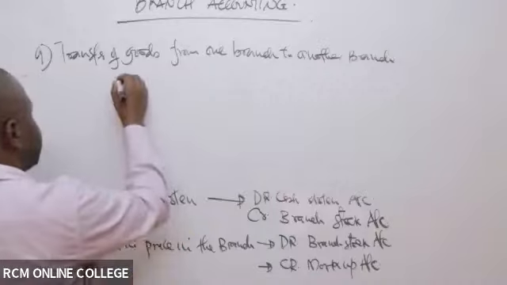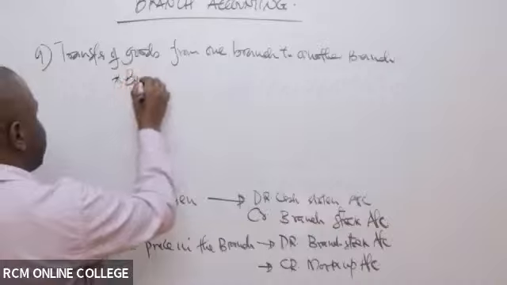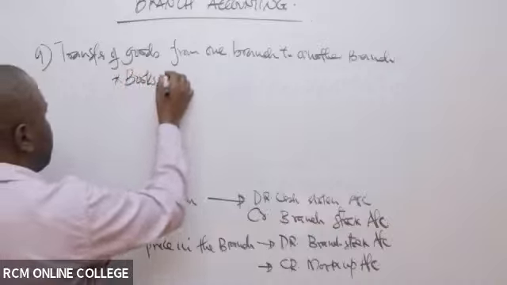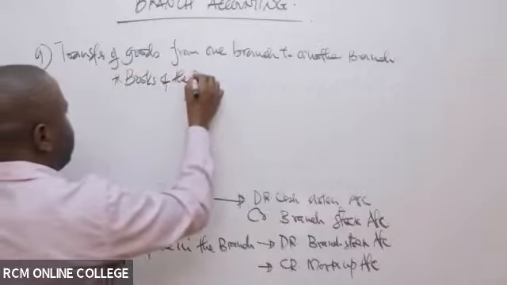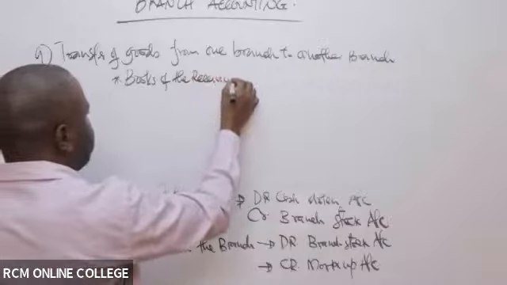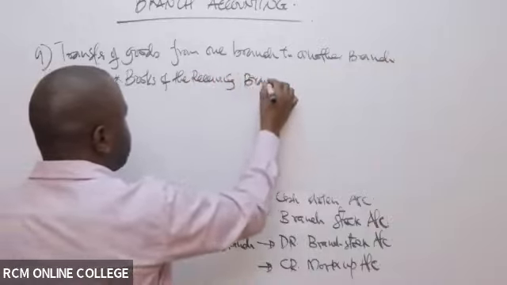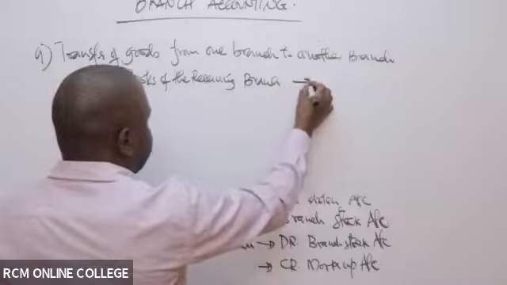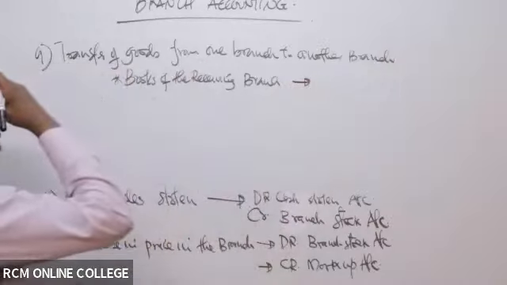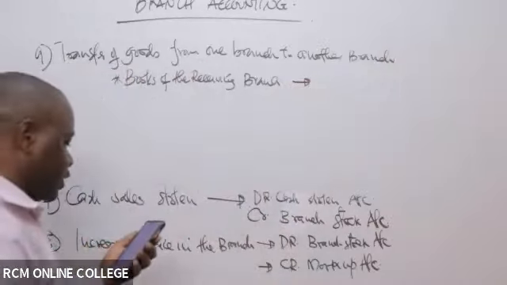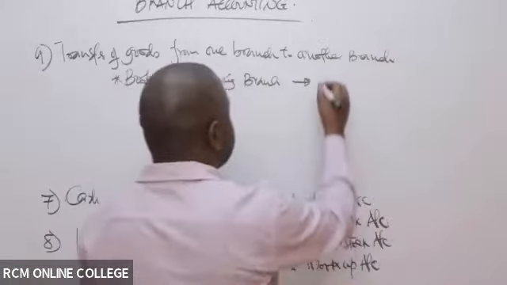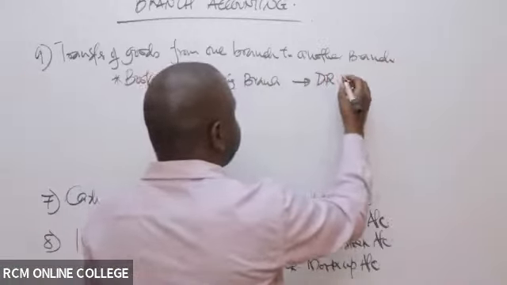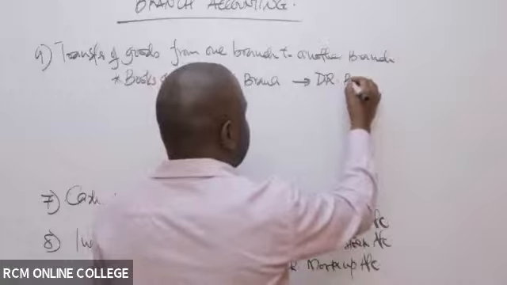So in the books of the receiving branch, what will you do? In the books of the receiving branch, the branch receiving these goods, you debit the branch stock account, or inventory account, because the inventory of this branch will be increasing.